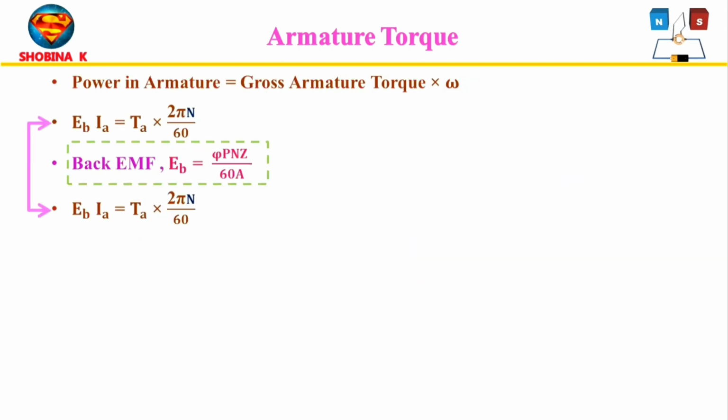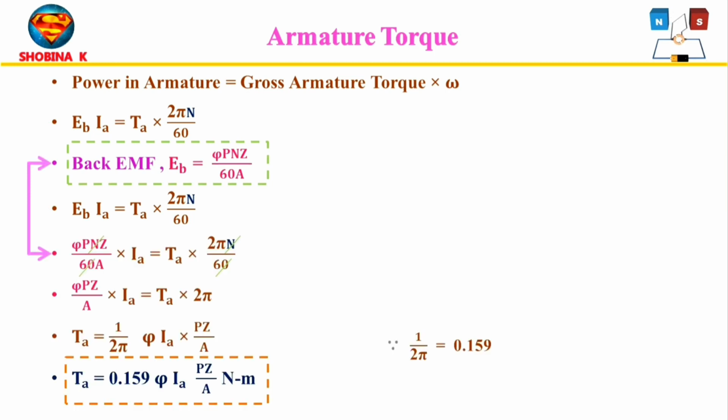And we know that back EMF EB equals phi P N Z by 60A. On substituting EB and simplifying the equation, we get the total torque on armature TA equals 1 by 2 pi into phi IA into PZ by A, or it can be written as TA equals 0.159 into phi IA into PZ by A Newton meter.